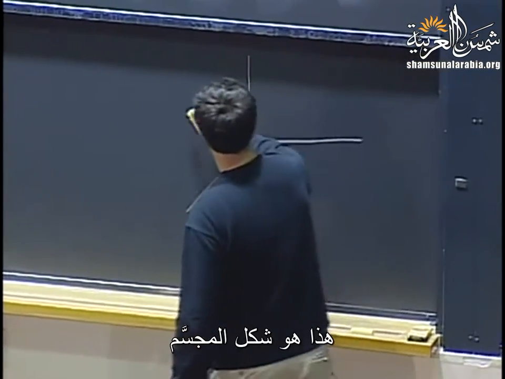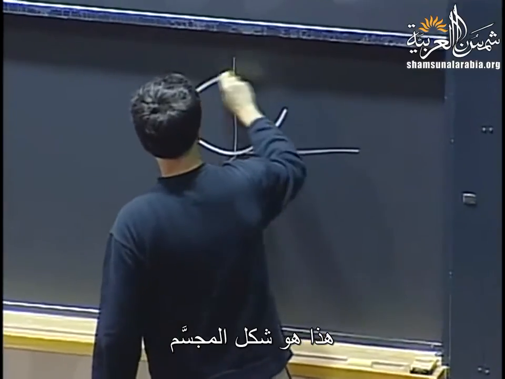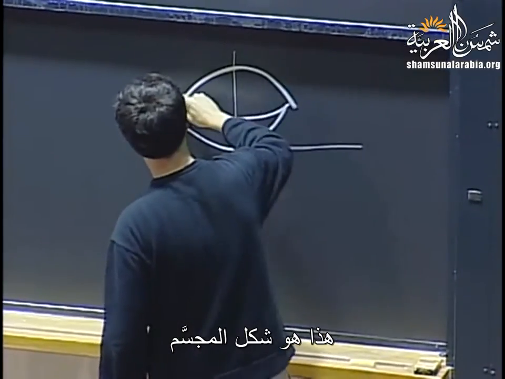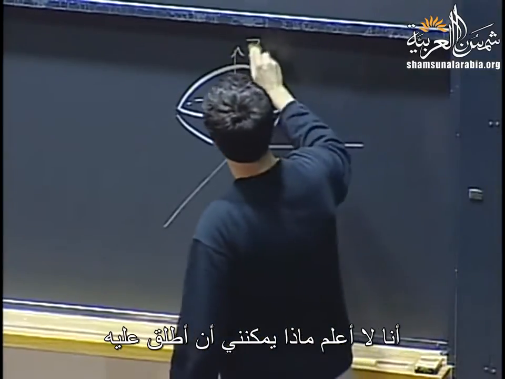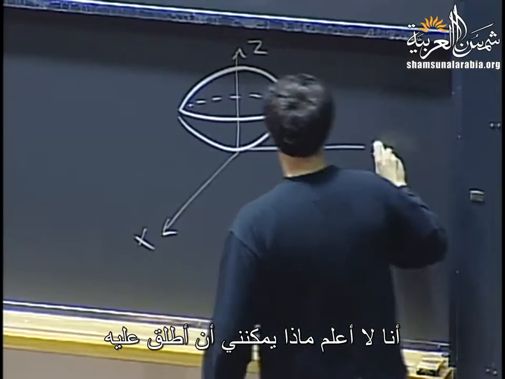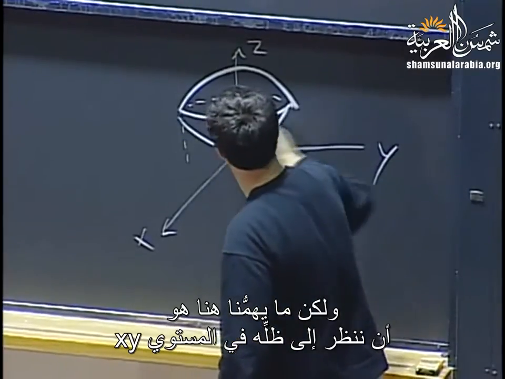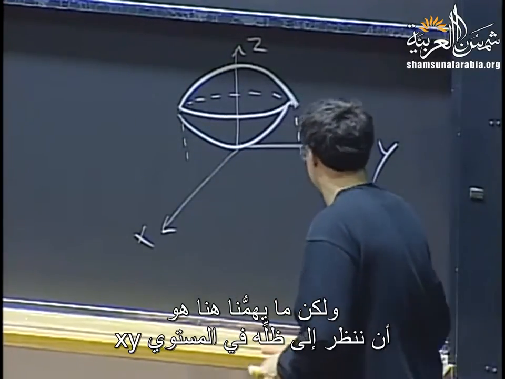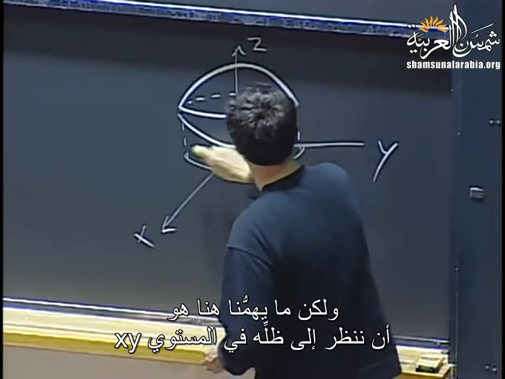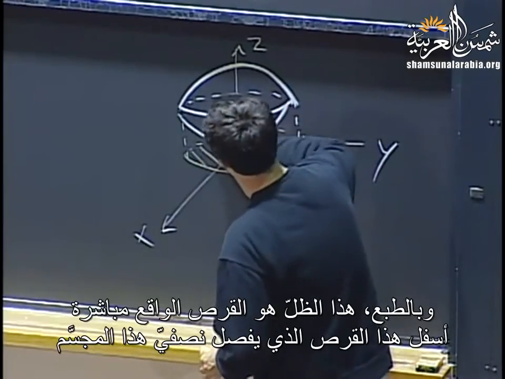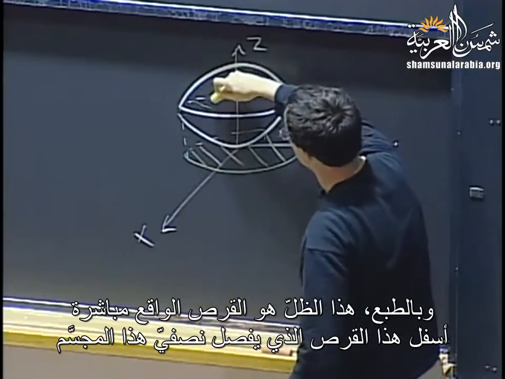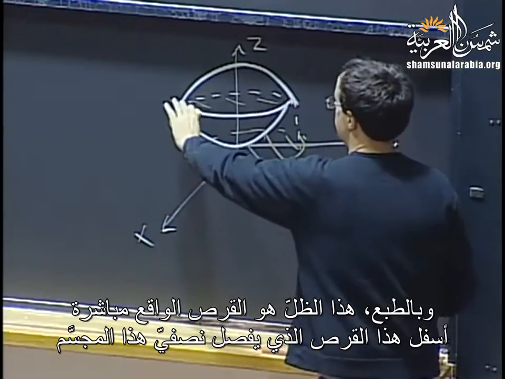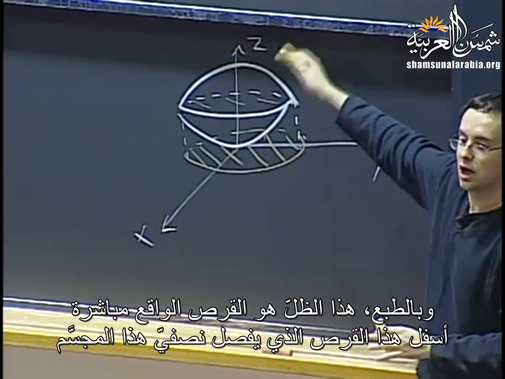My solid looks like this kind of thing, and I don't really know how to call it. What's interesting now is the shadow that it casts in the xy plane. Of course, that shadow will just be the disk that's directly below this disk here that's separating the two halves of the solid.